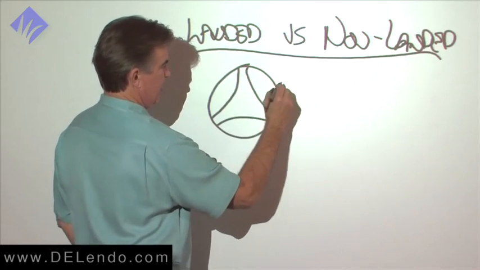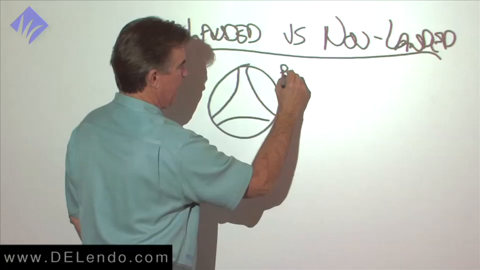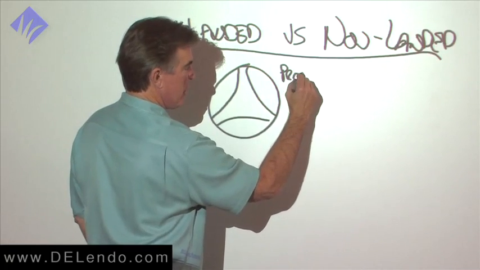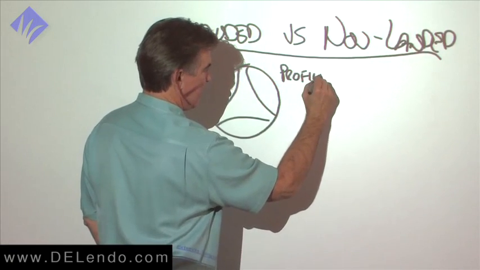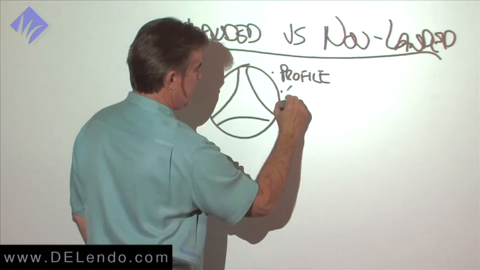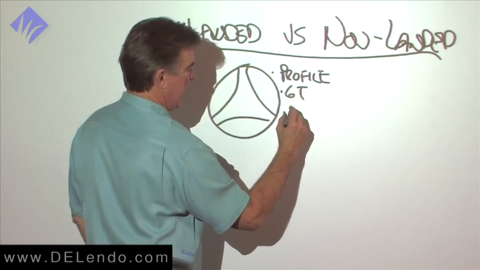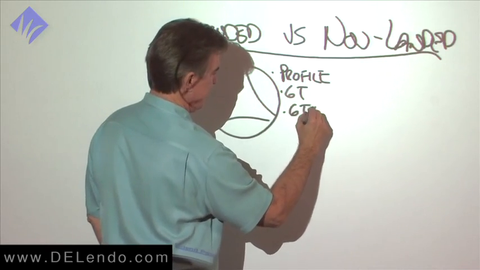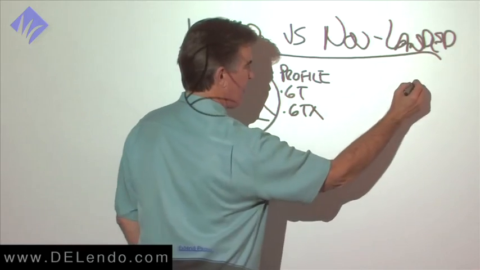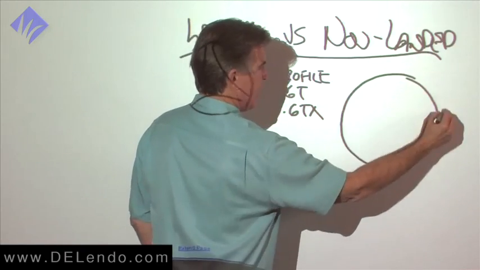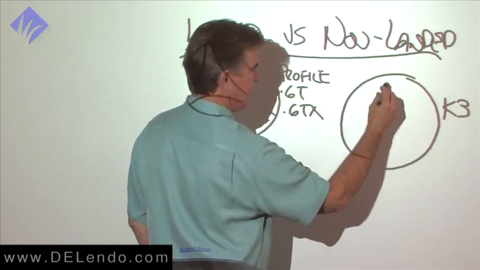Here is the cross-section of a Profile. These first instruments are Tulsa Dental Specialties Profile, GT, and GTX. We also have a version of that with lands called a K3 by SybronEndo.